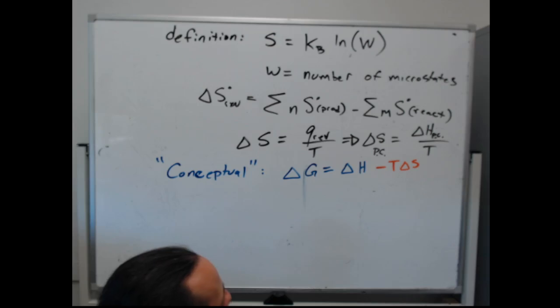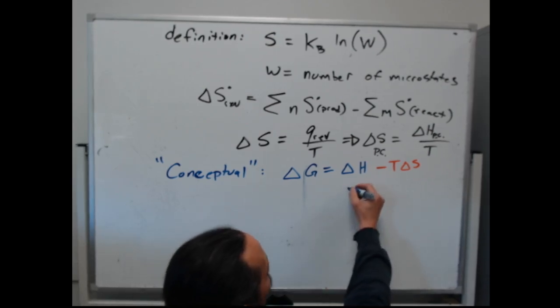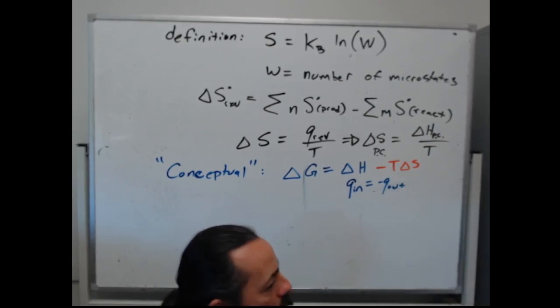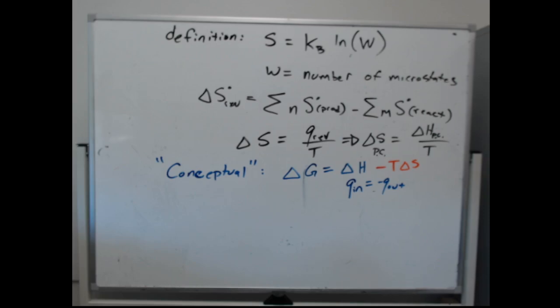One of the things that I said that nobody questioned the first week of class is that Q in equals negative Q out. Any problem with that? You take a hot piece of metal, you put it in cold water, the hot metal cools off, the water warms up. Totally makes sense. Why does it do that? Why does energy leave the metal?